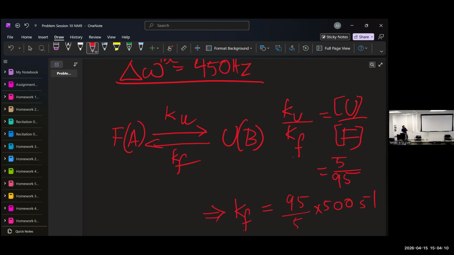There's also a problem in this problem set on calculating what that train of 180 pulses will do in the CPMG experiment. We won't do it today. It's a very informative experiment, and we see lots of experiments like CPMG, relaxation dispersion, used to detect these phenomena.